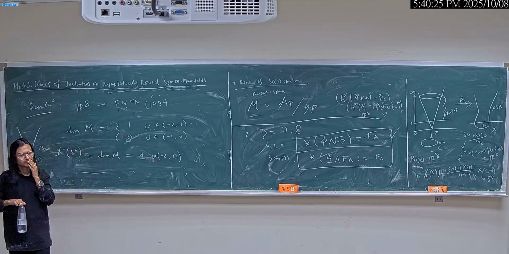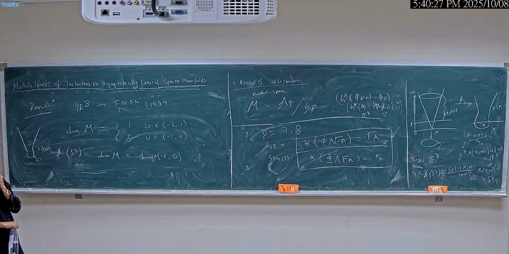So this dimension is the moduli space near the irreducible connection, or well, this idea of irreducible connection, you don't need it on non-compact manifolds, so that all connections are irreducible.